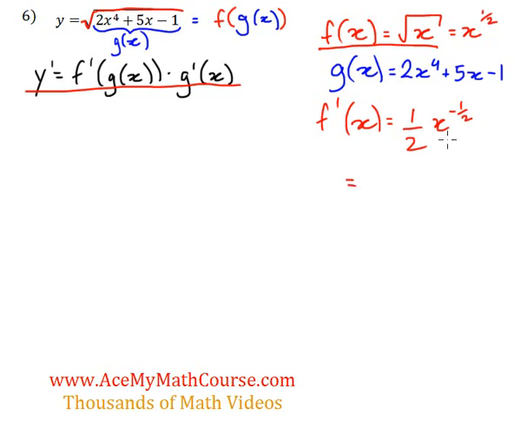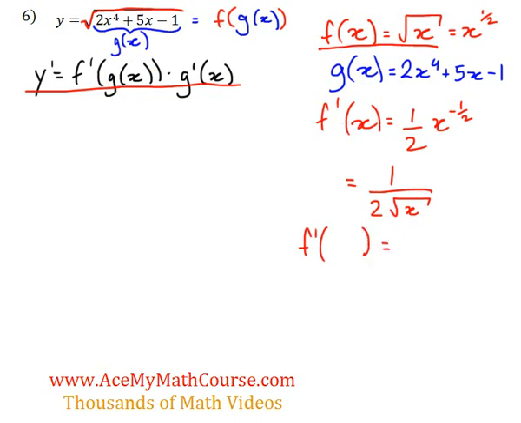But we know that we can rewrite this as 1 over 2 times the square root of x, because we're just bringing the x down below, right? Since it has a negative exponent, and the exponent of half is just equivalent to the square root. Fantastic. But we want f prime of g of x, not just f prime of x.